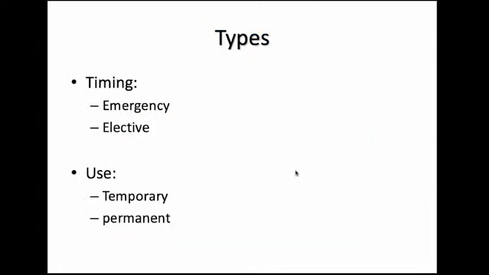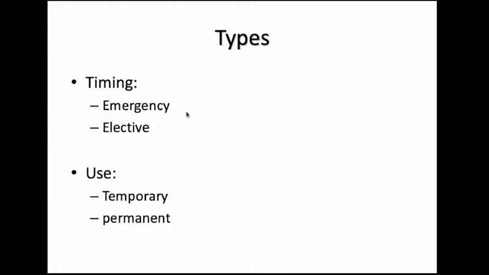So when we talk about types of tracheostomy, it's with regard to timing and the use. You can do an emergency tracheostomy or an elective tracheostomy. Emergency is more in the setting of upper airway obstruction.